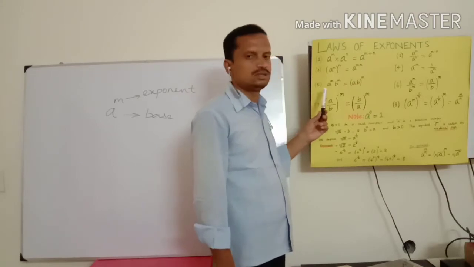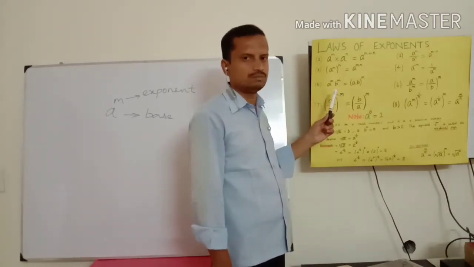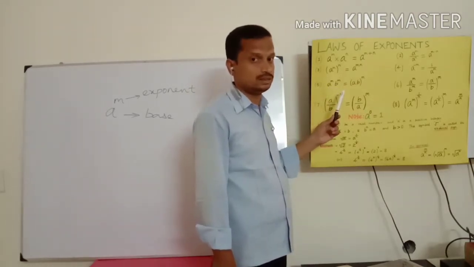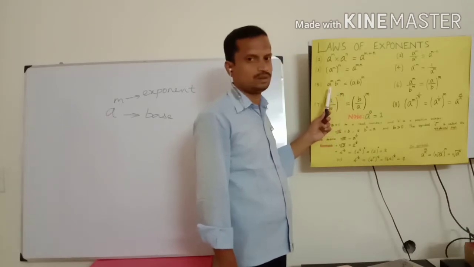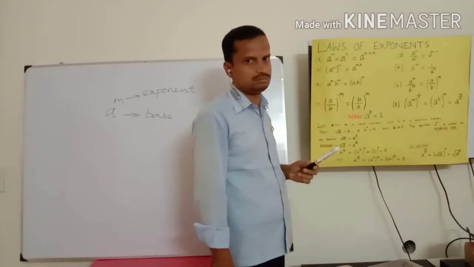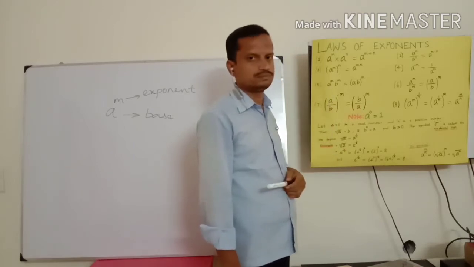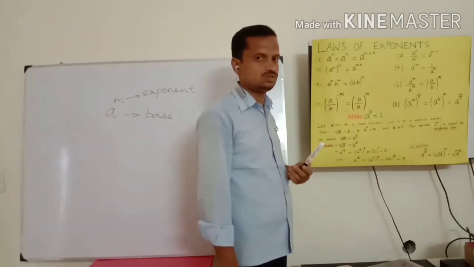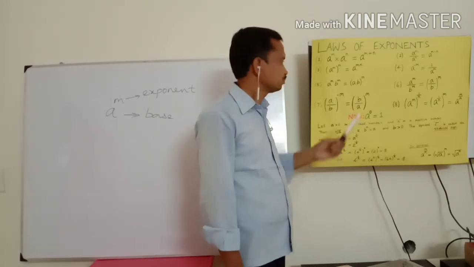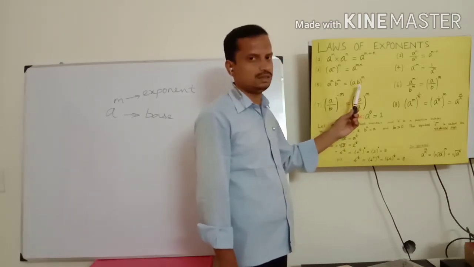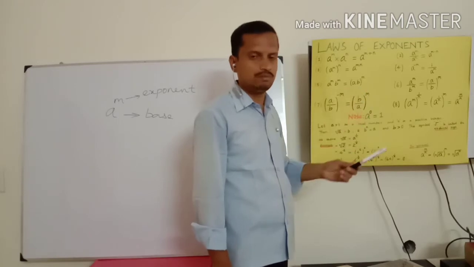And coming to next, a power m into b power m. Here you notice that both a and b different base, m same power. So different base with same power, when you multiply, what happens? Just you multiply the bases and put the same power.